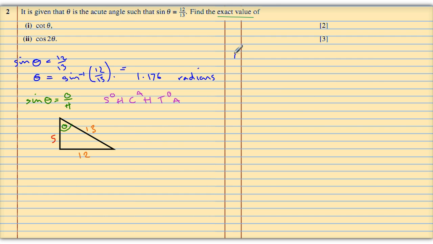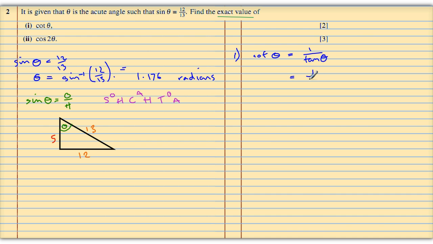So part 1. We know that cot theta equals 1 over tan theta. And what's tan theta? Well, tan theta is just opposite over adjacent, so that is 12 over 5.